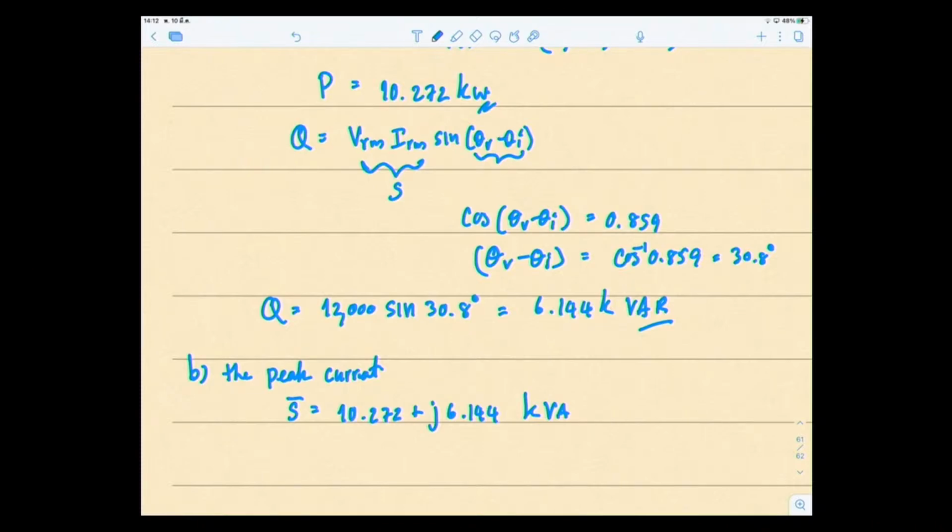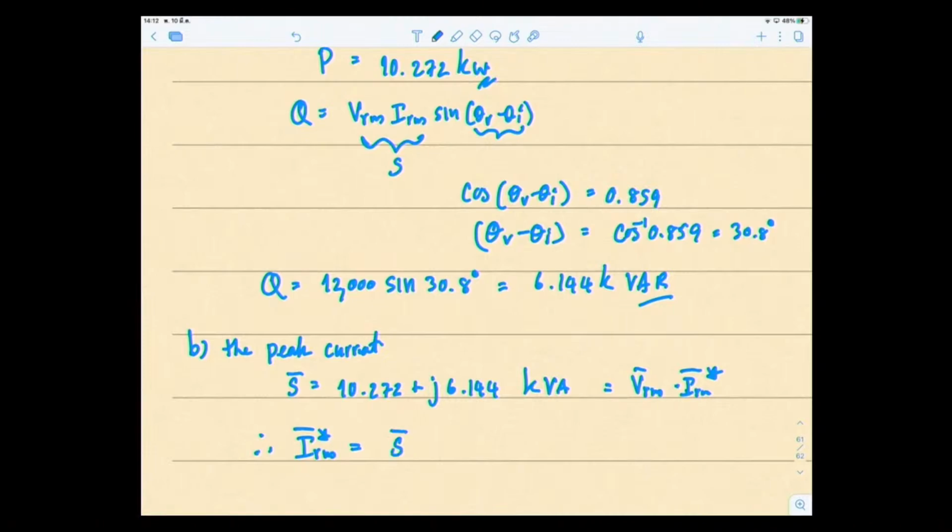And we know that this is equal to VRMS times IRMS conjugate. Therefore, IRMS conjugate would be equal to the complex power divided by VRMS. So you do 10.272 plus j6.144, both k of course, divided by 220 angle 0 degrees.